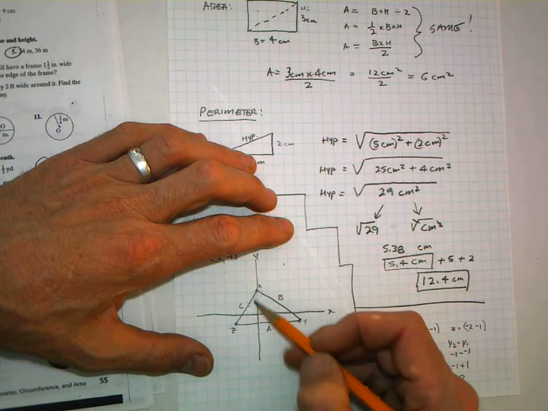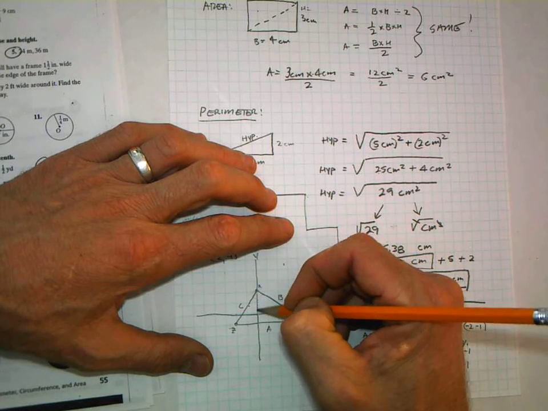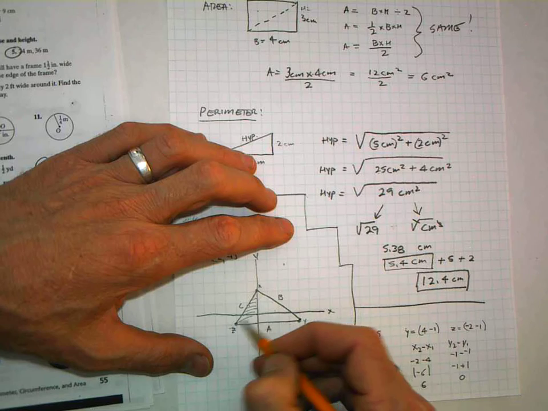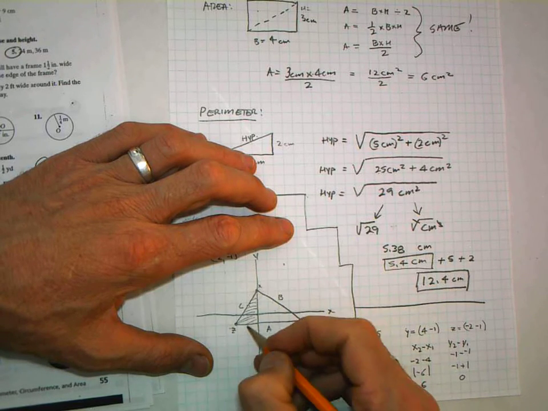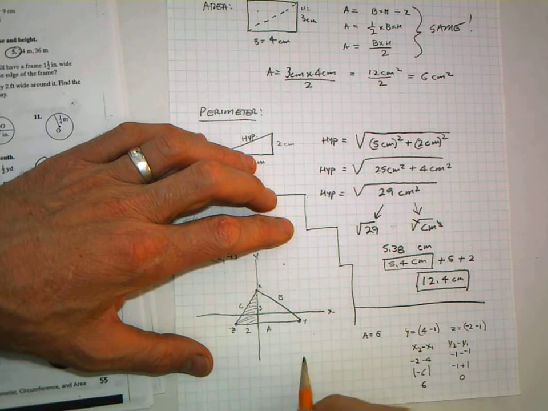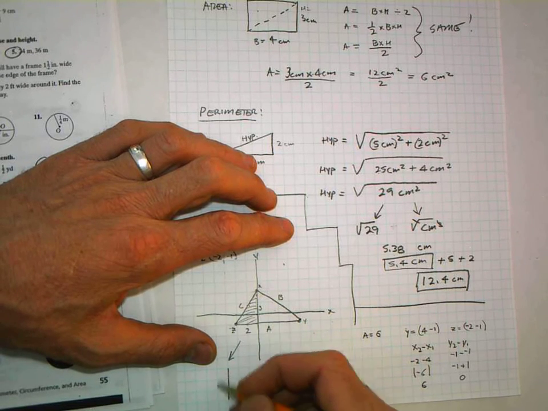Now, how do we get this? We don't really know this, so we're going to have to divide this triangle up into two different parts. This triangle can be described as a small triangle that has a length of 2 on this side and a length of 1, 2, 3 on this side. So I'm going to draw this separately.